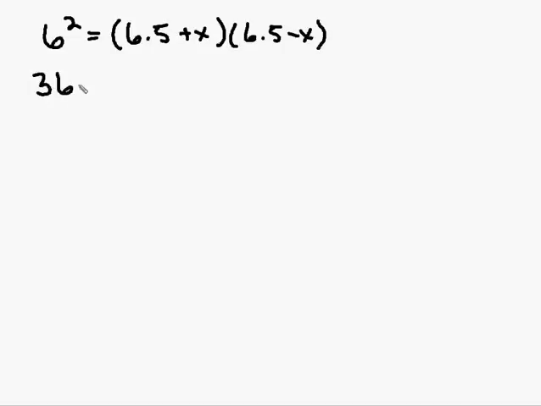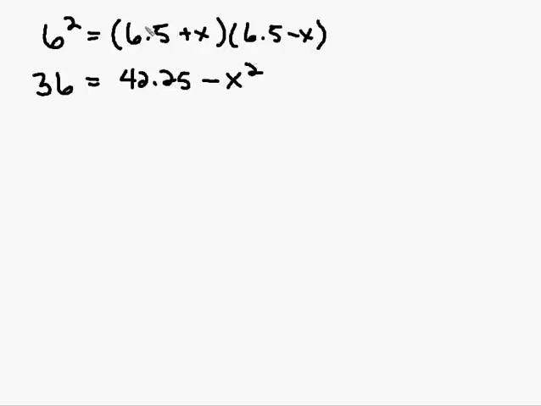So I have 6 squared is equal to 6.5 plus x times 6.5 minus x. And I get 36 is equal to 42.25 minus x squared.